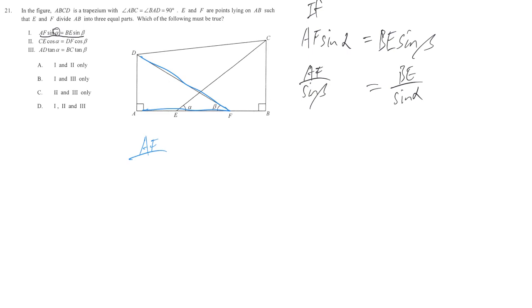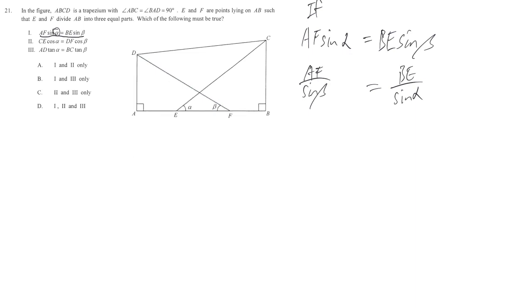So AF compare with DF is equal to cosine beta. Okay, and then at this moment, it's totally not related to sine ratio, right? It's just related to cosine ratio, right? So this kind of method does not help us to solve the problem. Then we may need to think of another method.